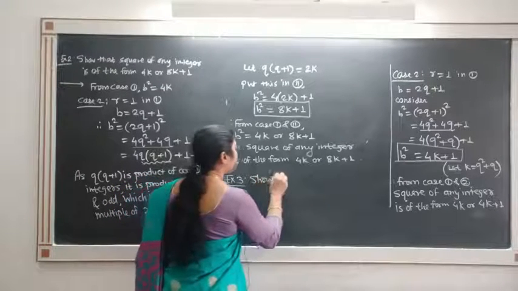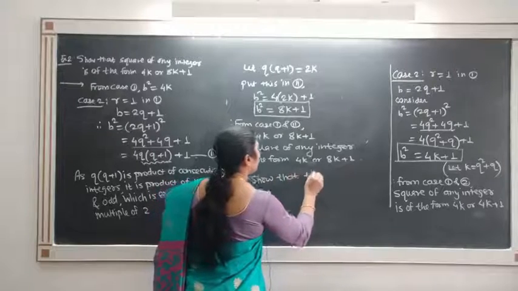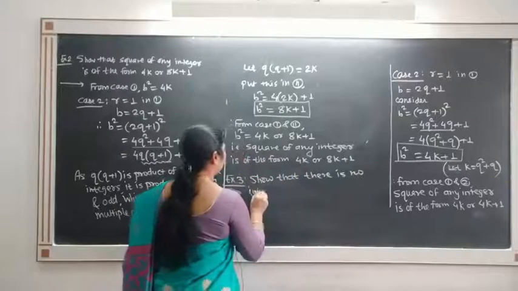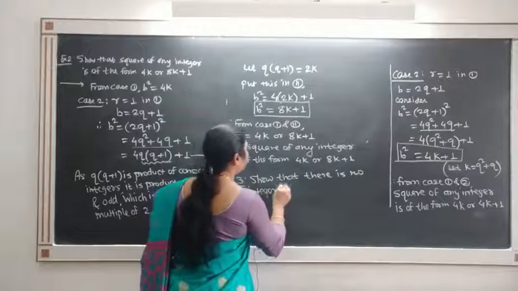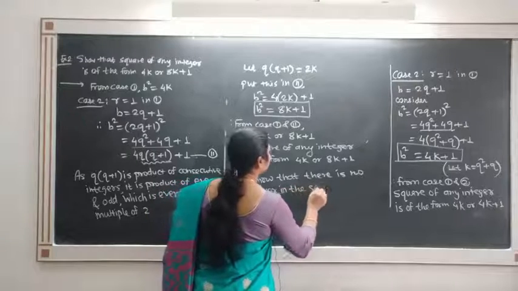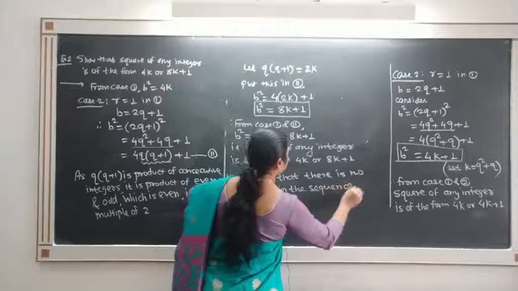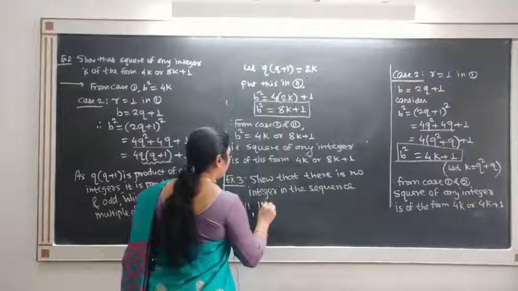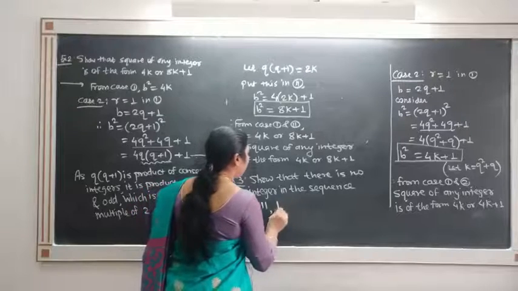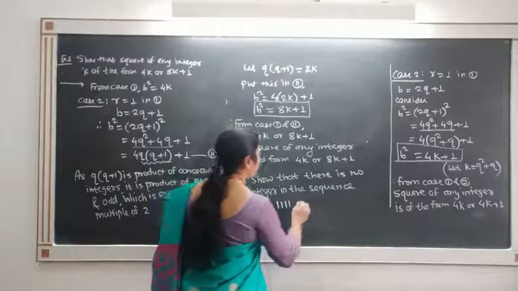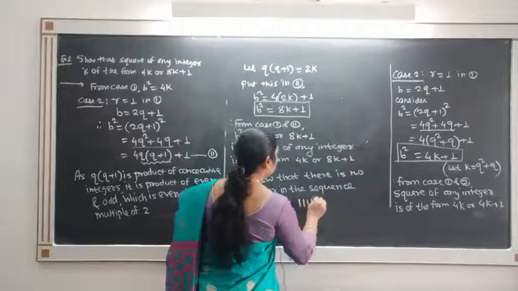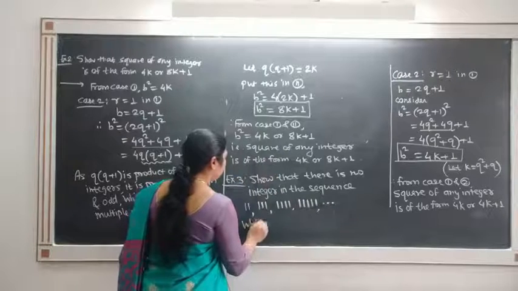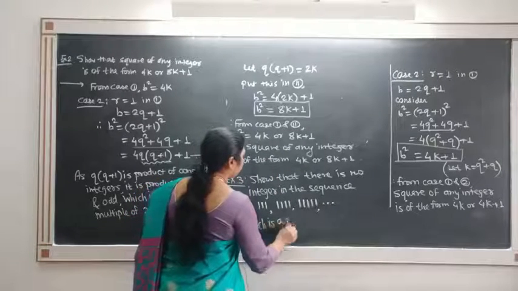Show that there is no integer in the sequence 11, 111, 1111 and so on, which is a perfect square.